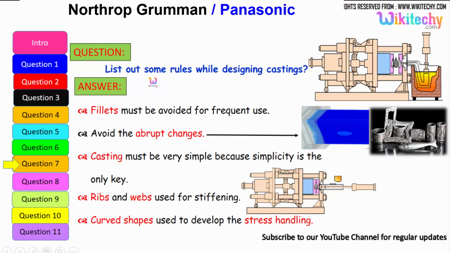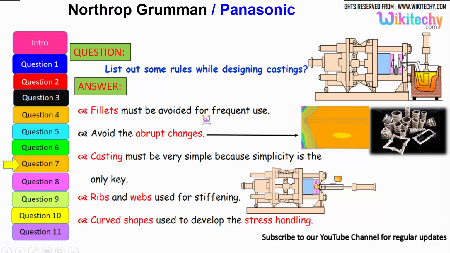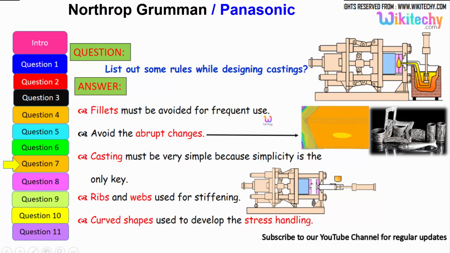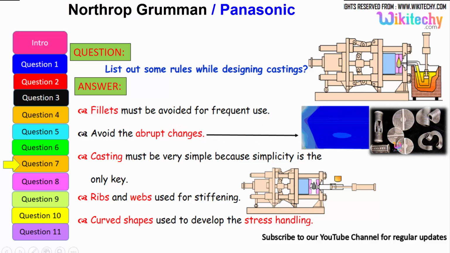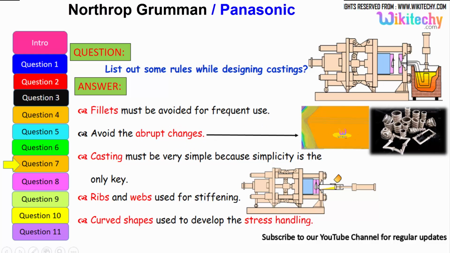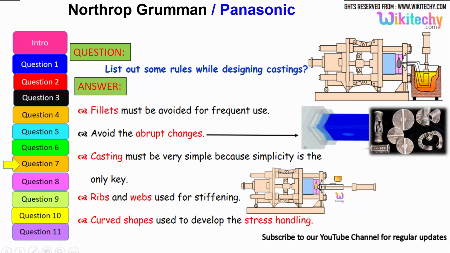Let's see some of the rules while designing casting. Fillets must be avoided for frequent use, that's the first one. Avoid abrupt changes, it should not change. Casting must be very simple because simplicity is the key.